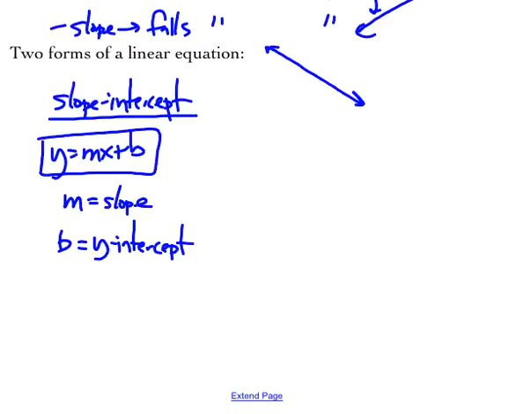And of course, if we have an equation for a line, we would usually have x and y variables in the equation because the line itself actually shows us the relationship between x and y, and those values for m and b, the slope and the y-intercept, are just parameters or certain characteristics of the given line. We also have this other one called point slope.